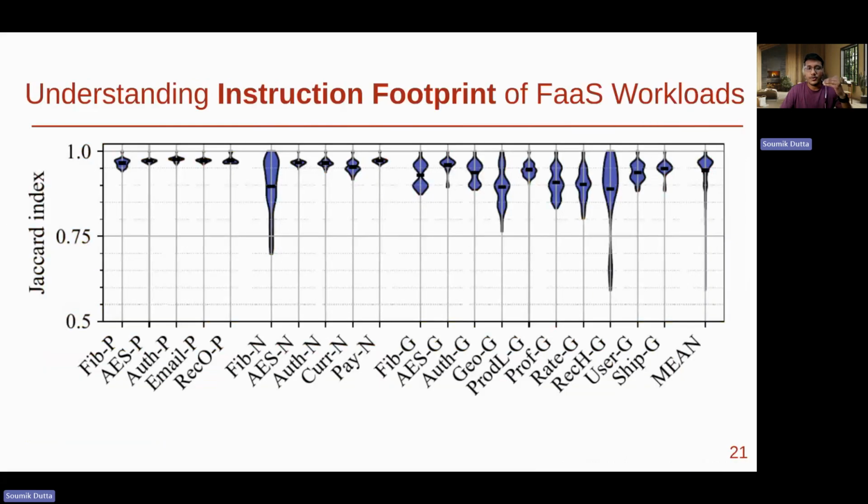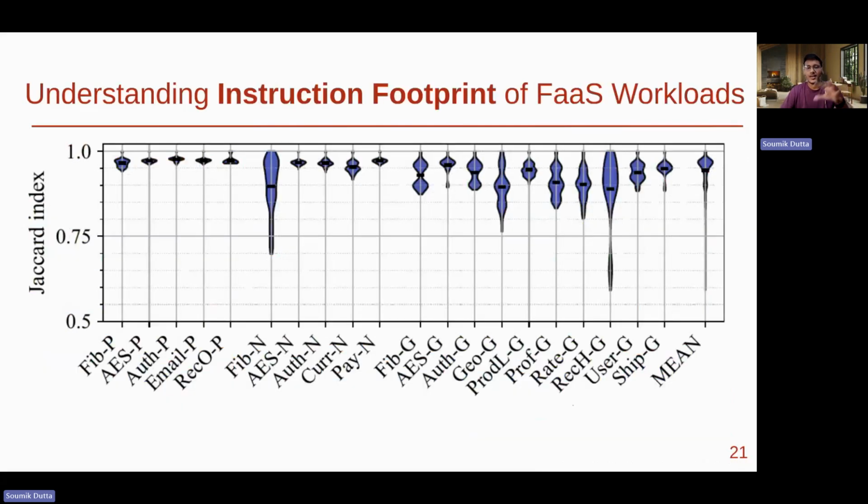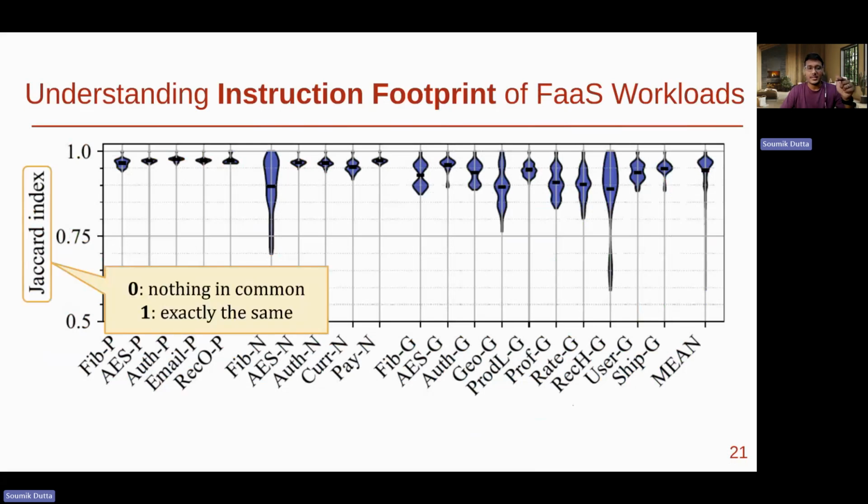Before giving a mitigation approach for handling this challenge of instruction fetch stalls, we first have to understand the instruction footprint of FaaS workloads. For that, the authors have run each FaaS workload multiple times, and they have calculated the Jaccard index of the multiple runs of the same FaaS workload, where a Jaccard index of 0 signifies nothing in common, and 1 means exactly common.